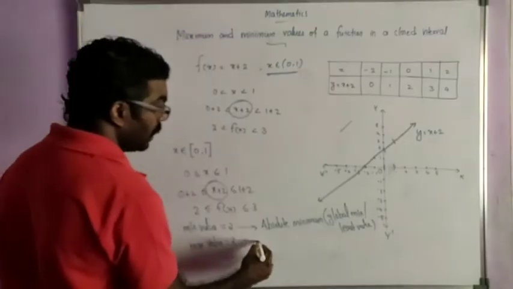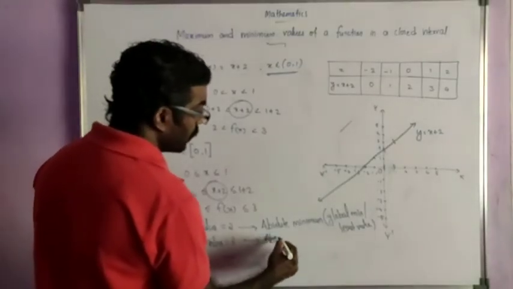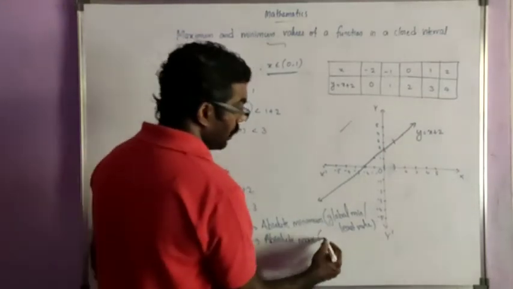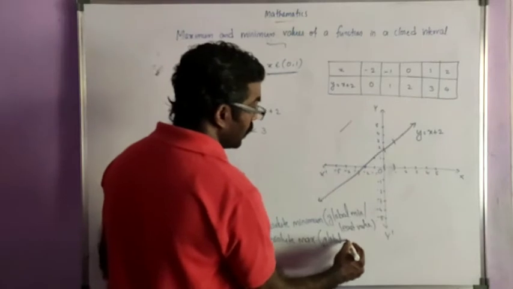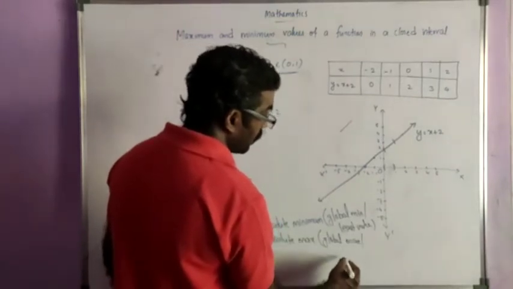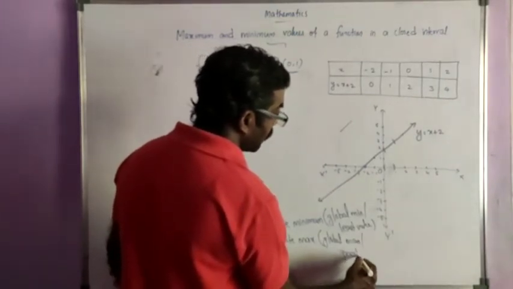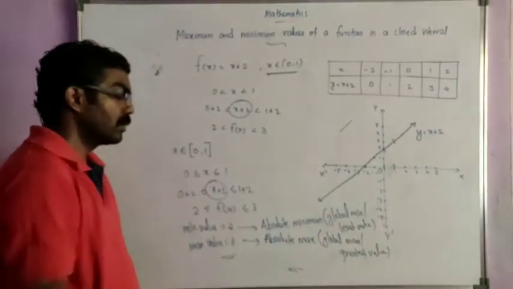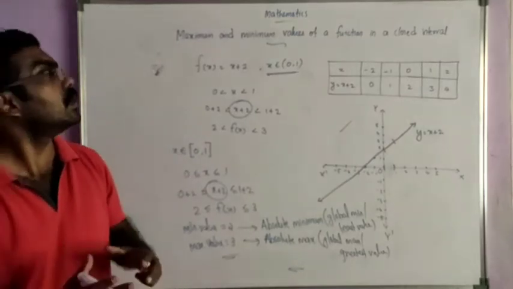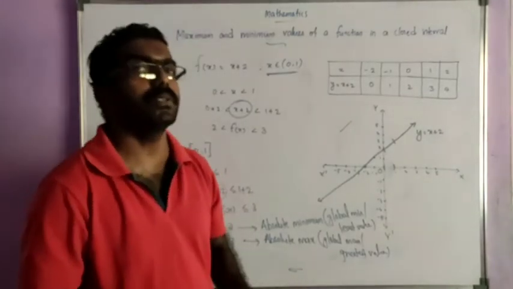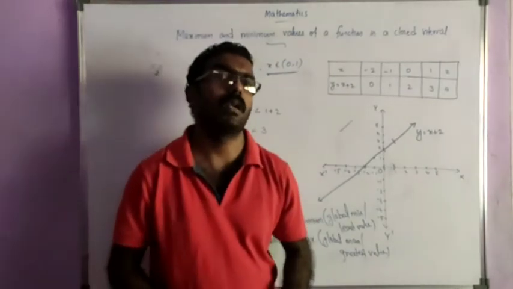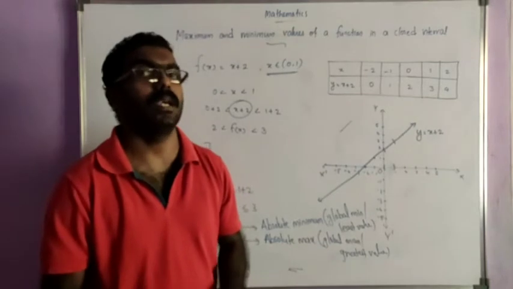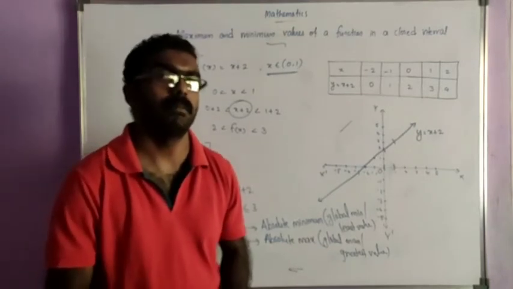And the number 3 is called the absolute maximum value or the global maximum value or the greatest value. Clear? So the maximum and minimum values in a closed interval are respectively called the absolute maximum and the absolute minimum.